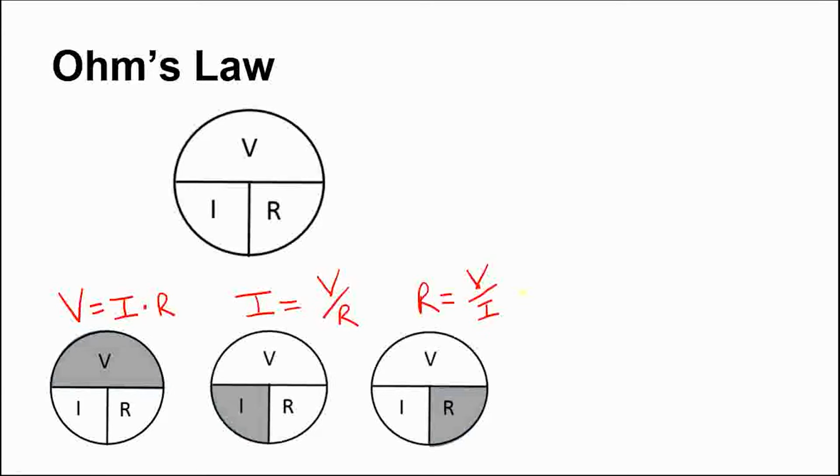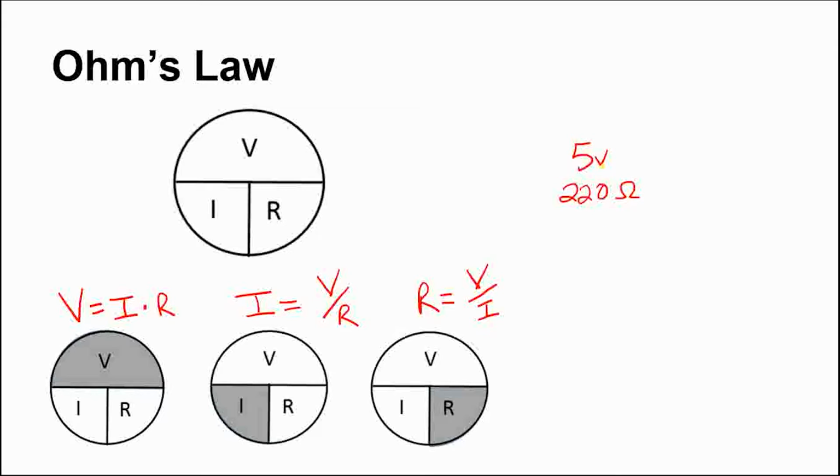So let's make this a little bit more concrete and apply it to the circuits that we've built so far. All of our circuits have had a voltage of 5 volts coming out of our Arduino board, and we've used the same 220 ohm resistor in each of our circuits.